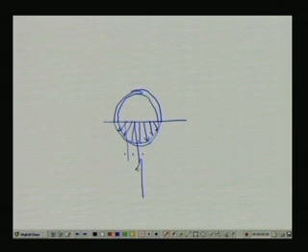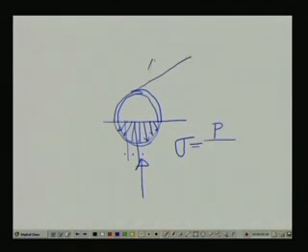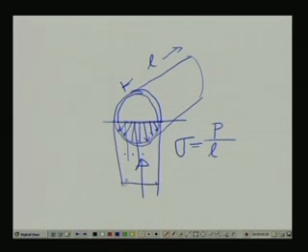So in that expression we found sigma B, the same thing we mean to say, equals the load divided by L times the diameter. This is the projected diameter T.